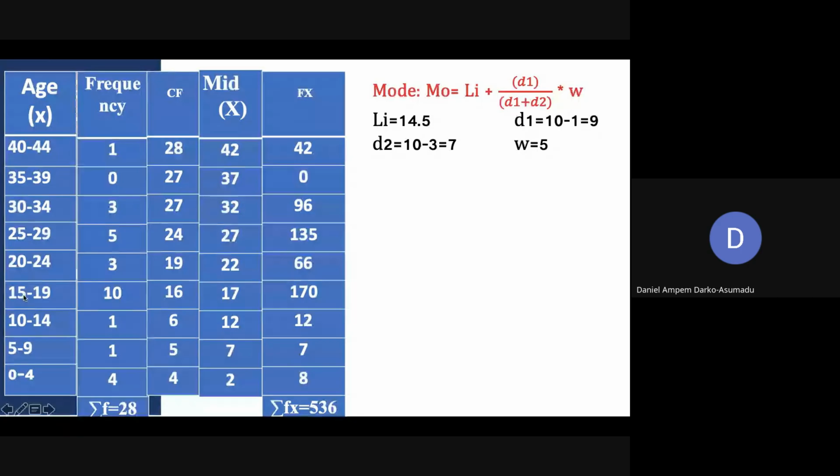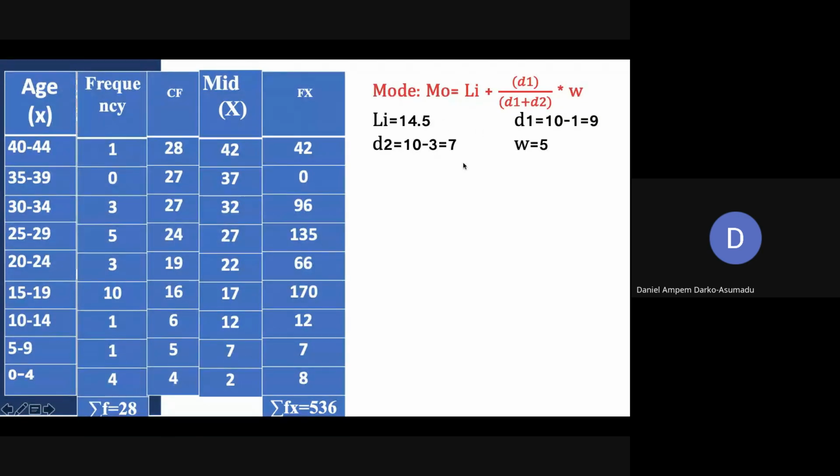I told you how to calculate for lower class boundary. You subtract 0.5 from the lower class, add 0.5 to the upper class. If you remember, we said that the upper limit and the lower limit. So here, the lower class boundary is 14.5 because this is where the most occurring frequency is. 15 minus 0.5 will be 14.5, as you can see here.